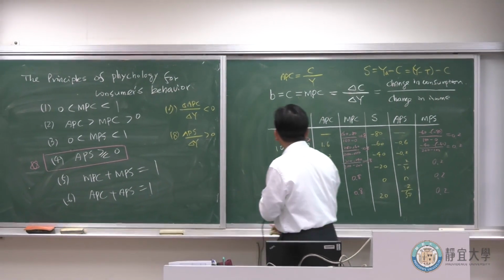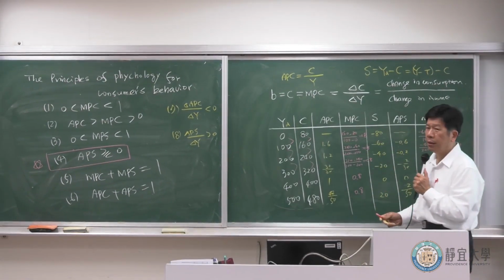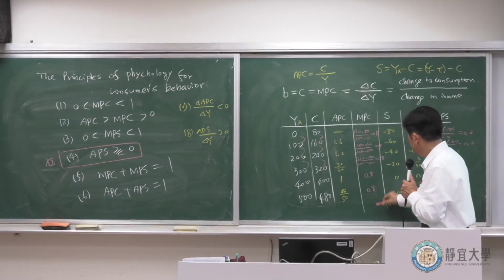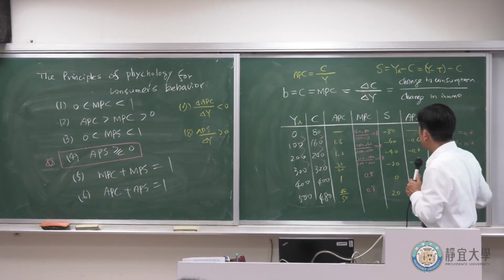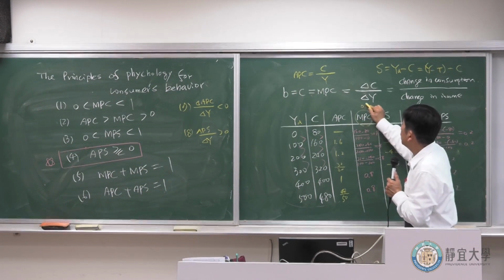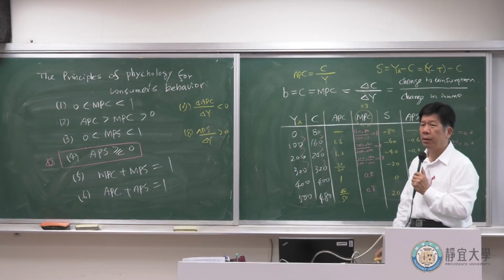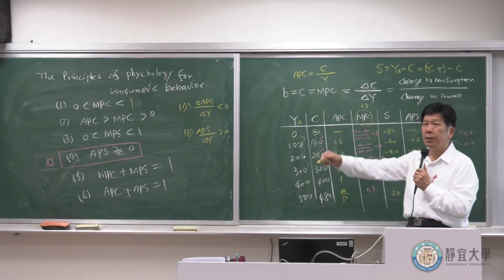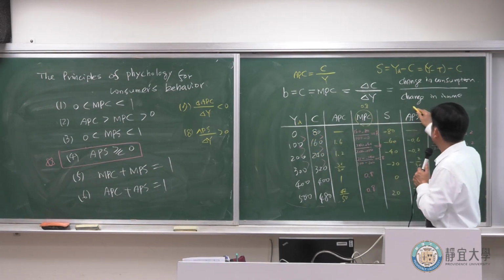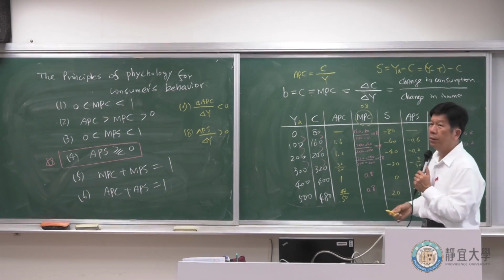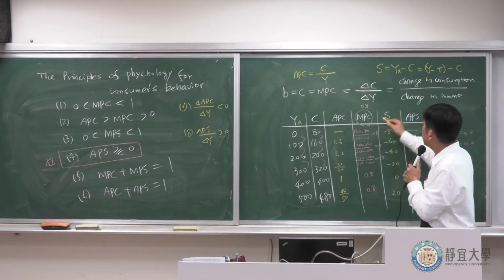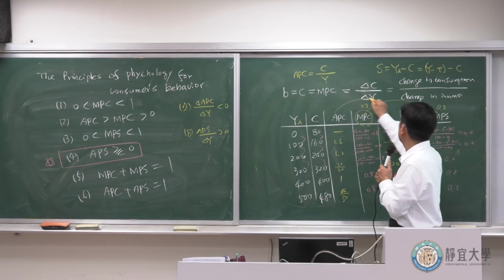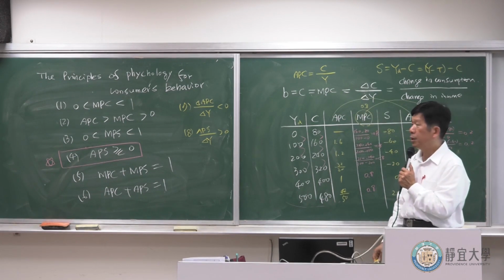So if you don't know, you can check here. Okay? So first you can check here, MPC equal to 0.8, and this is the 0.2. Okay? And you also can see this 8 equal to 1, and this is equal to 1. Okay?